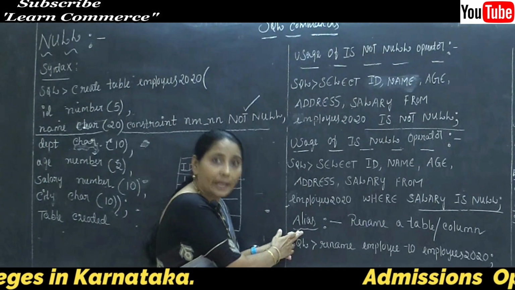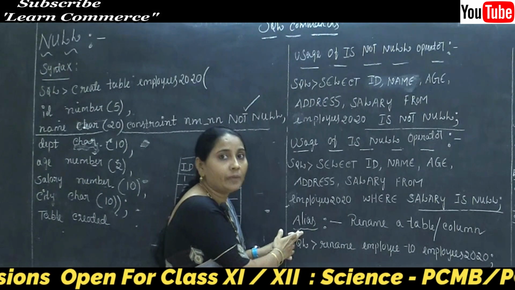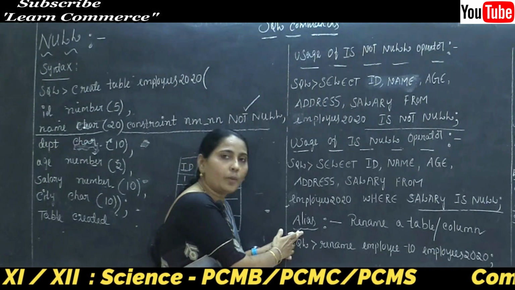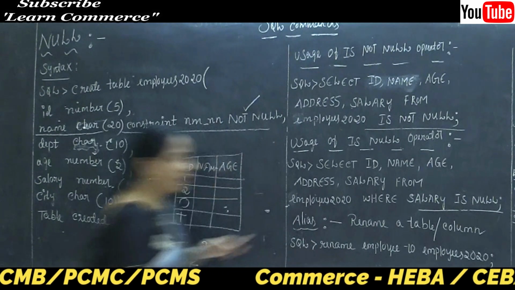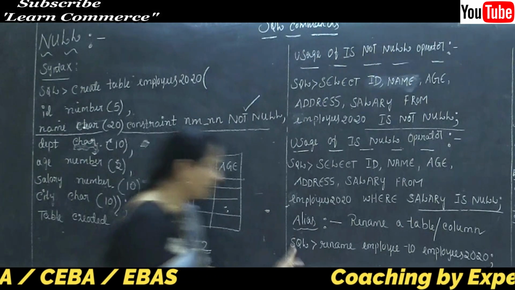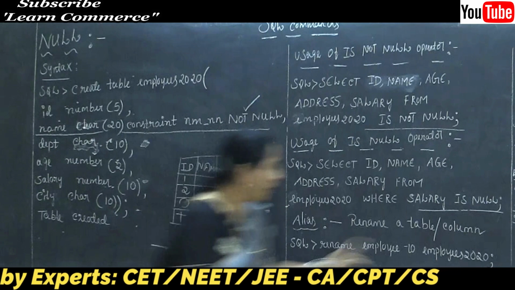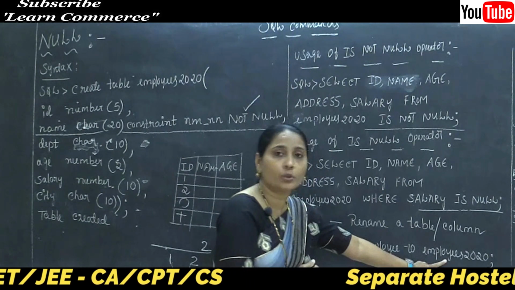So you can rename a table or column temporarily by giving another name to the column or the table. But how do we use the command? The command starts with the SQL query, and later we use the rename employee to employees 2020.